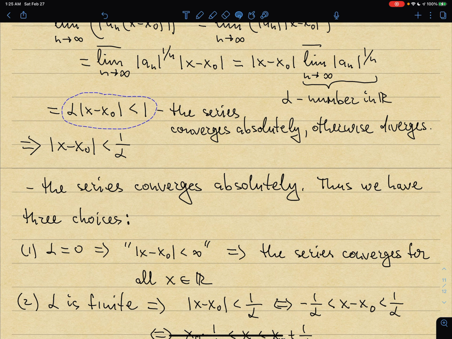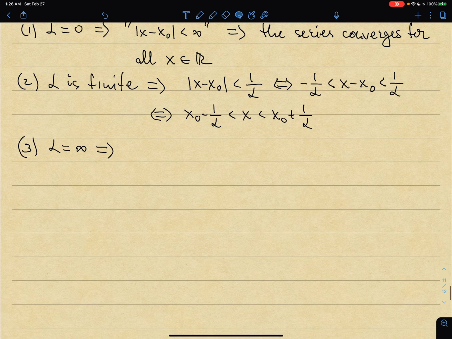If x is actually equal to x0, then alpha times x minus x0 is 0, and 0 is less than 1, so the series converges. So when x is equal to x0, the series converges. When x is not equal to x0, the series diverges.